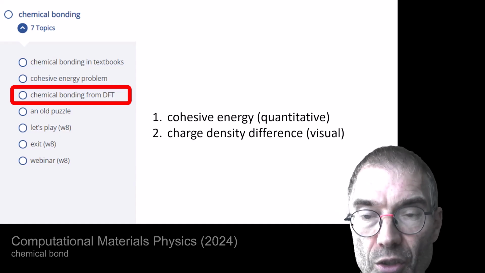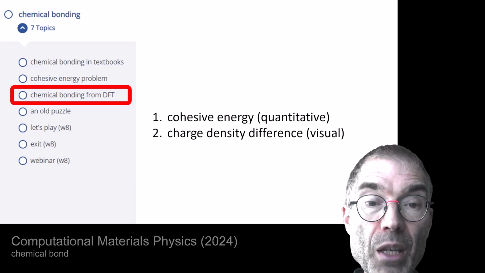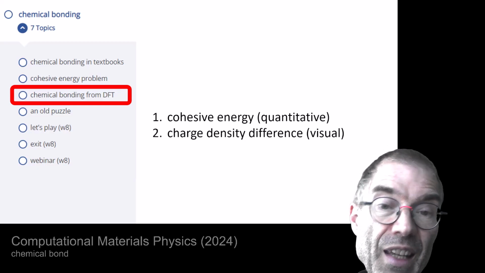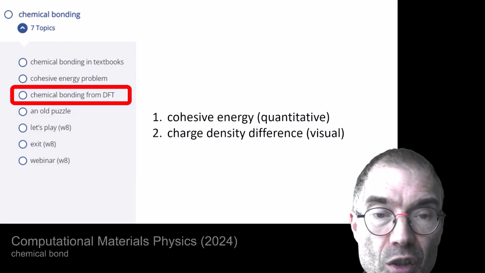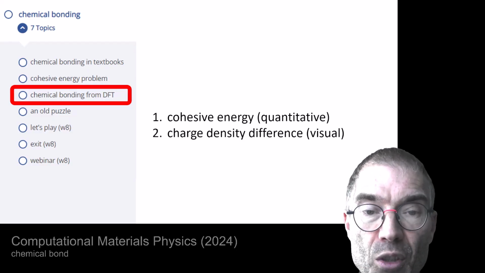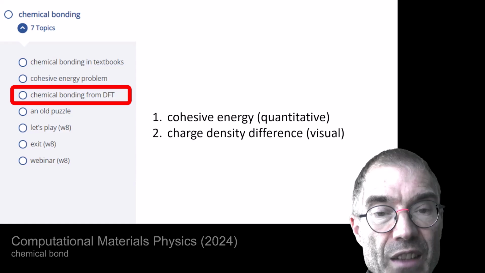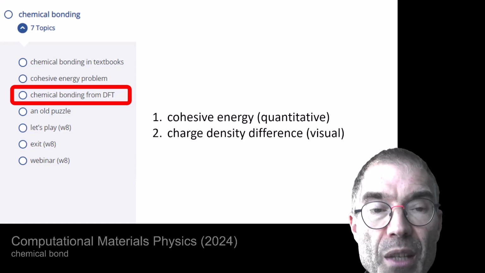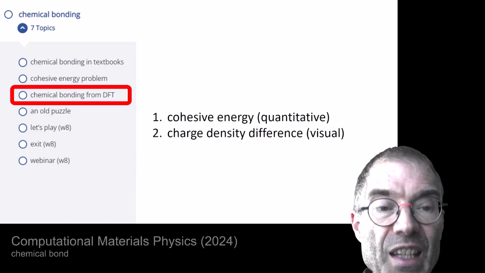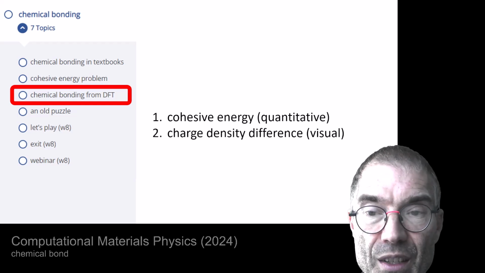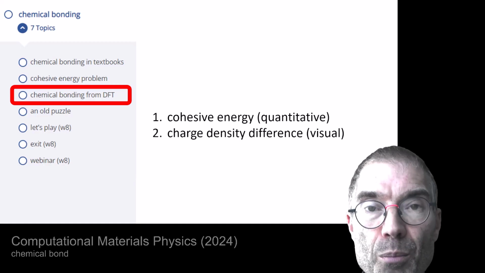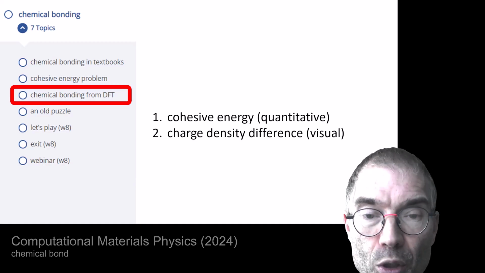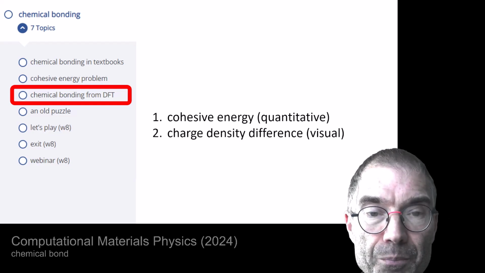Why do we study cohesive energy? Because it is a property that can give us one indication about the type of chemical bond. By calculating the cohesive energy, you will be able to eliminate at least part of the possibilities. The charge density difference plot will be another, more visual way to distinguish between the types of chemical bonds.